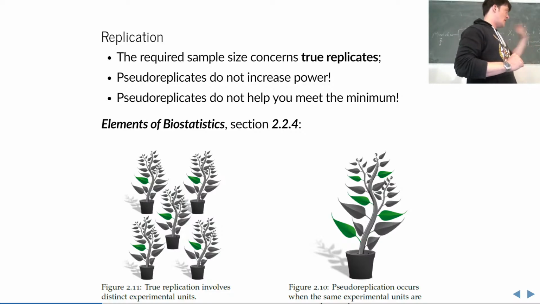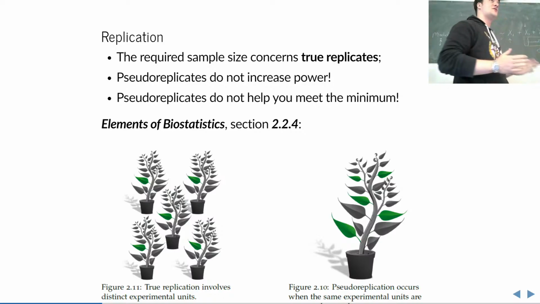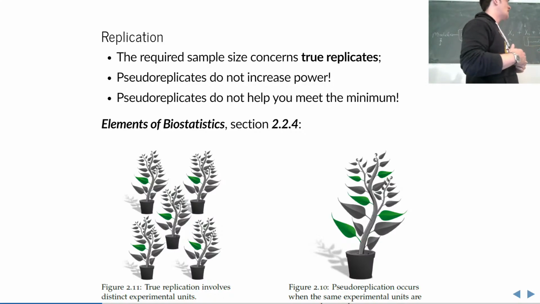So again, sampling from 5 different plants is not the same as sampling 5 leaves from one plant. If I measure 10 individuals and I measure them twice, or 10 times, or 100 times, doesn't matter. I still have 10 individuals in my study. So that is very important. Determine what constitutes an experimental unit in your study, and then make sure that there are enough of those.